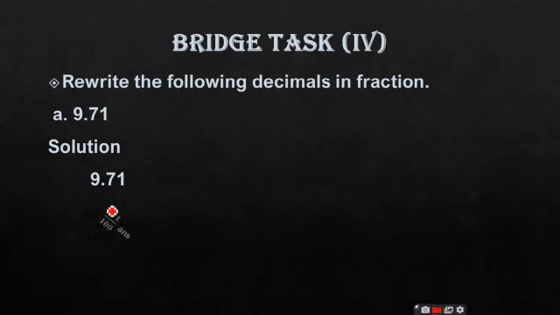For example, we have 9.71, so we have removed the point from 9.71, and I have added 2 zeros in the denominator with 1. So 971 upon 100. When we change 9.71 into a fraction, it will become 971 upon 100.